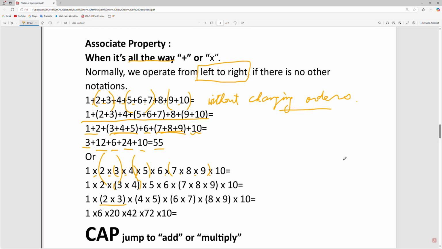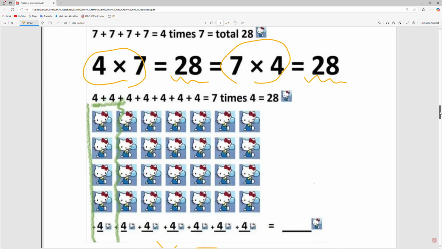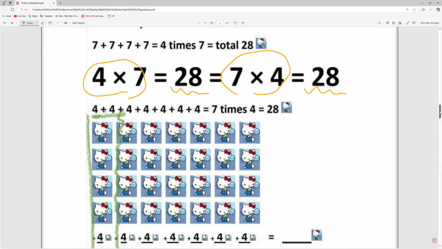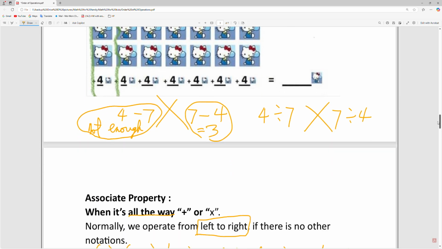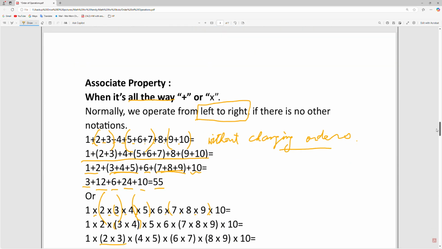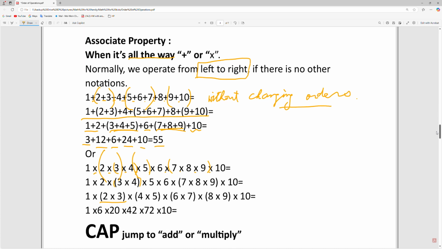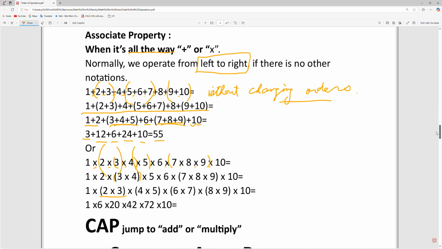Now, I only showed you the examples, or a kind of proof, for the commutative property for multiplication. Same thing here, I'm not going to show you all the detailed proofs because this is not hard to understand and memorize.